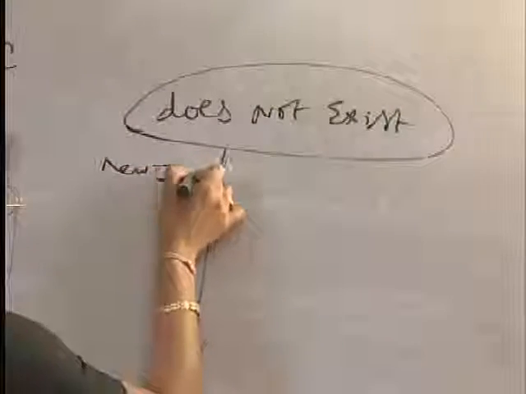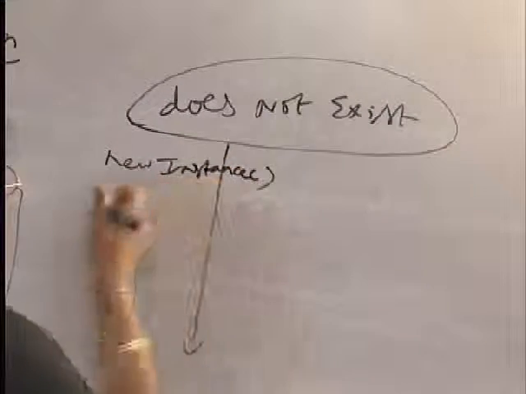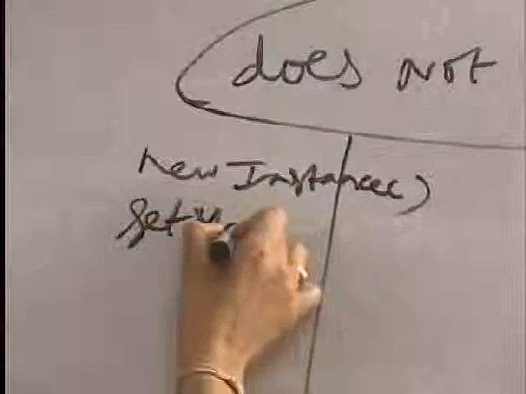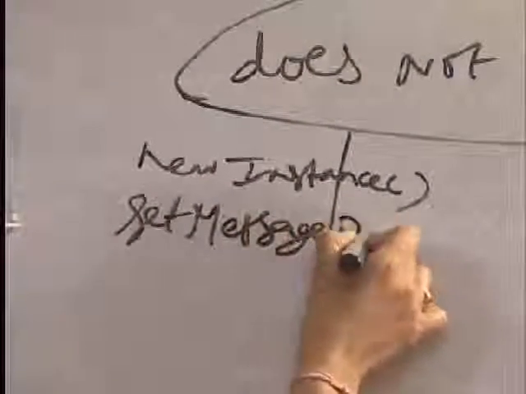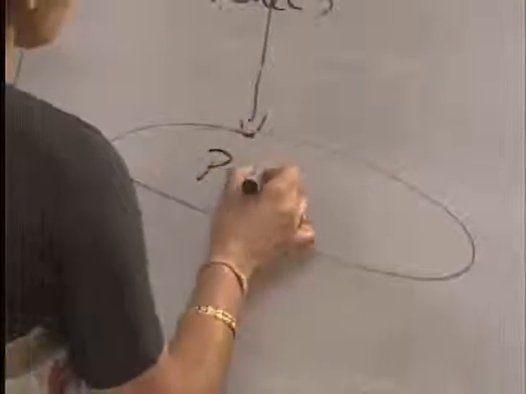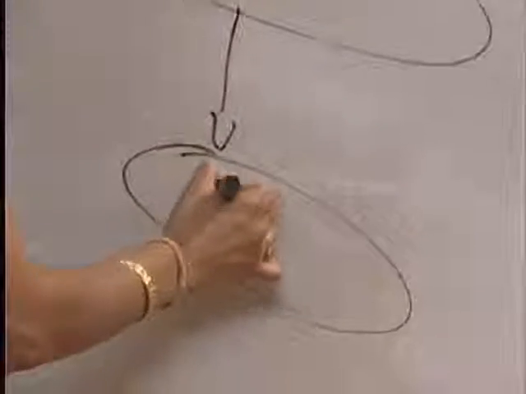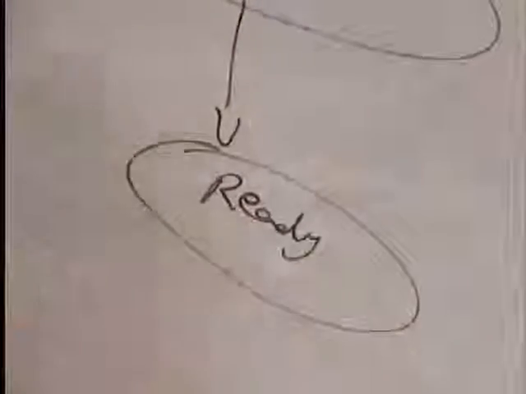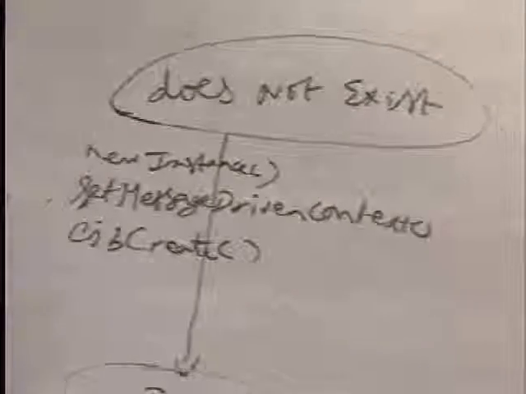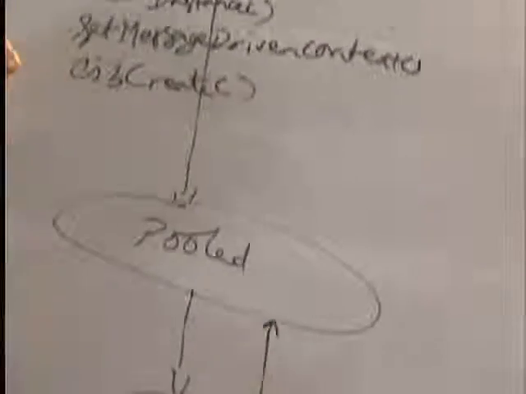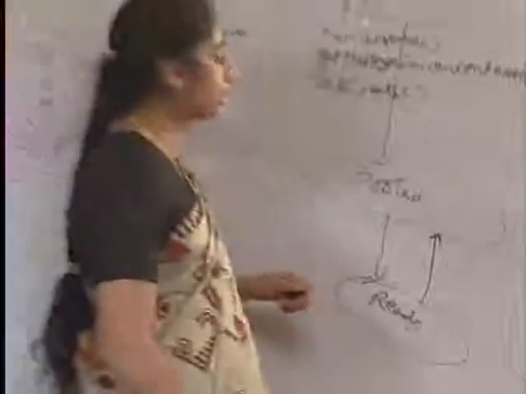A new instance is created, the setMessageDrivenContext method is called, and the ejbCreate method is invoked, and it is pooled. When the message hits the destination object, it moves into a ready state and the onMessage method gets invoked, and it moves back to the pooled state after the onMessage method.